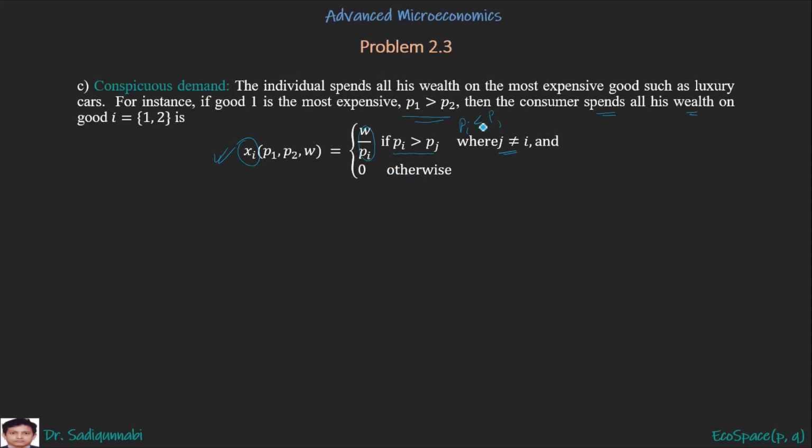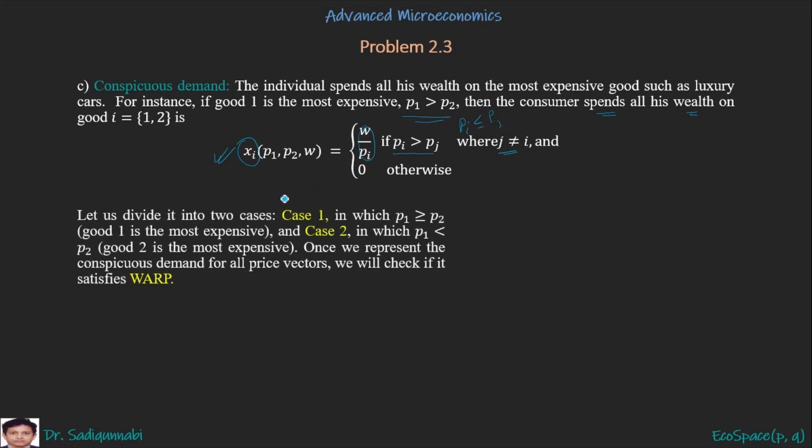Okay, so let's divide it into two cases. Case 1, when P1 is greater than or equal to P2, and case 2, when P1 is less than P2. So let's check whether WARP is satisfied or not.